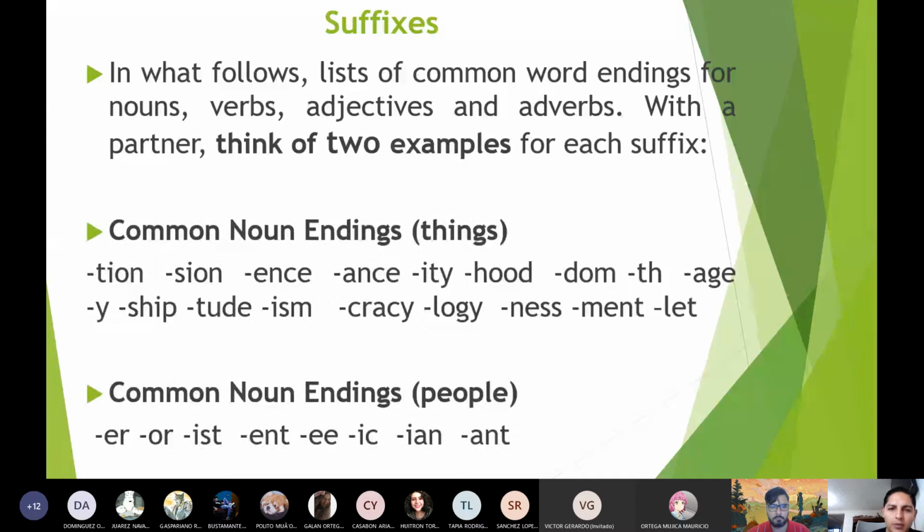These are very common. They are related to noun endings. Check them out. Okay, here they are. Now, we also have common noun endings for people. Okay, check it out.